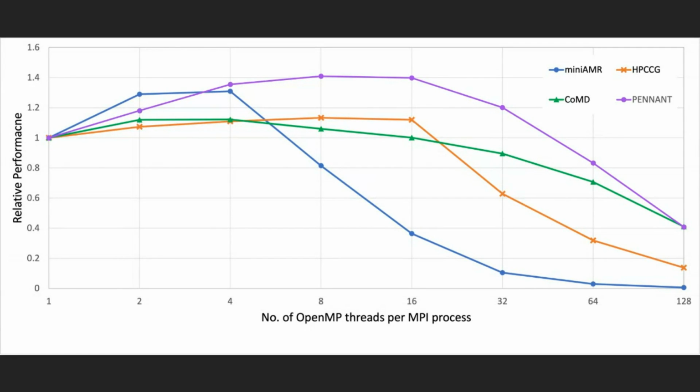And this is the relative performance. If it's greater than 1, it means the hybrid version is faster than the pure MPI version. If it's less than 1, it means the hybrid is slower.